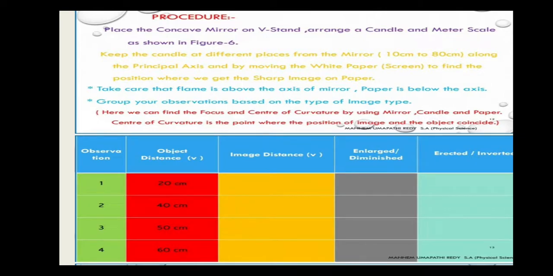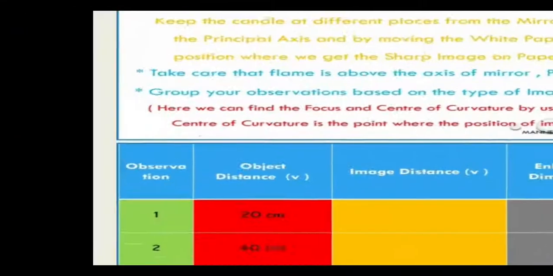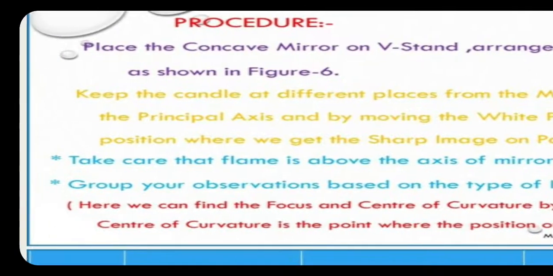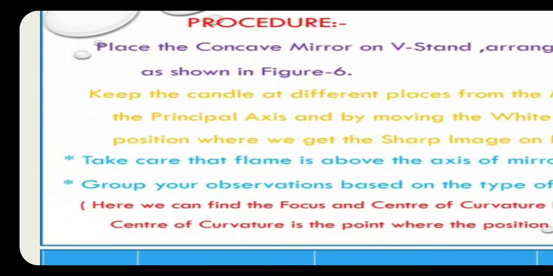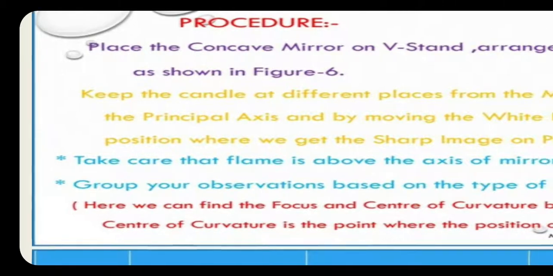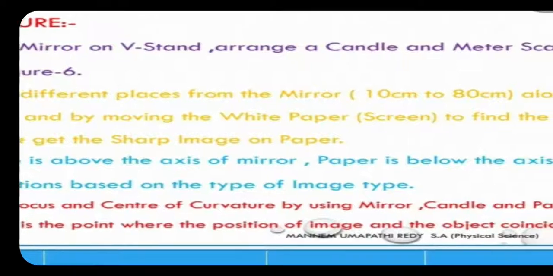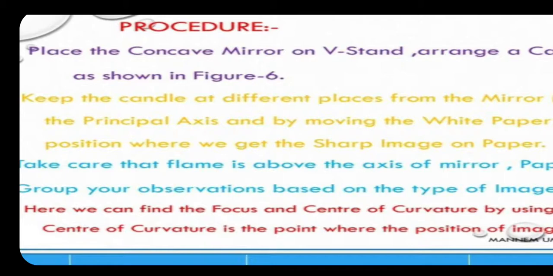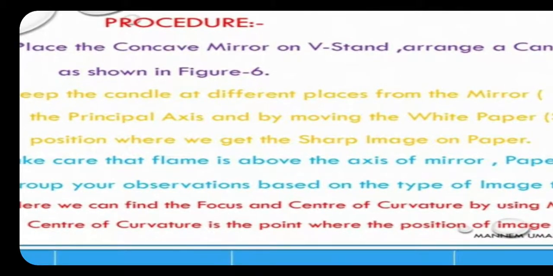After this we can see the procedure. Procedure: place the concave mirror on a V stand, arrange the candle and meter scale as shown in the figure. How can we adjust the candle? The flame of the candle should fall onto the mirror.